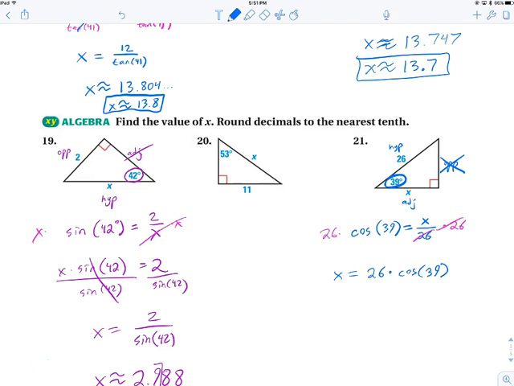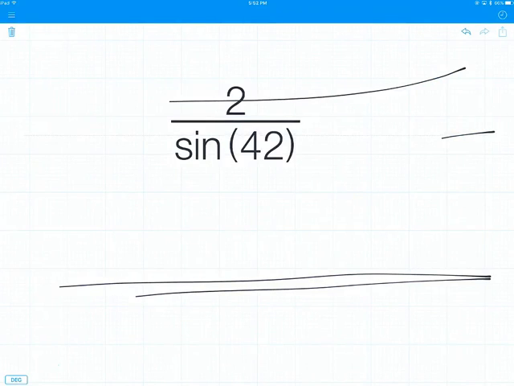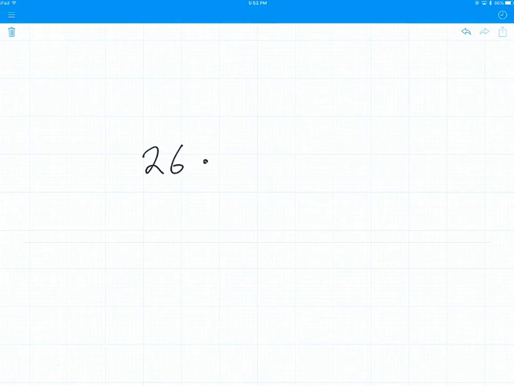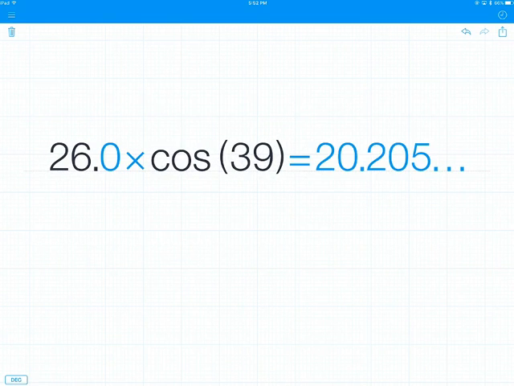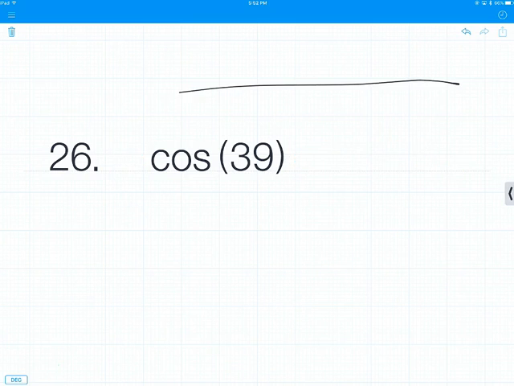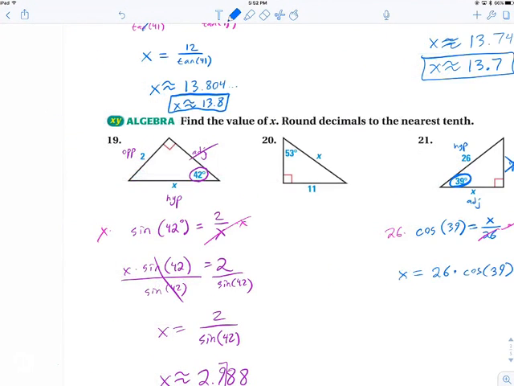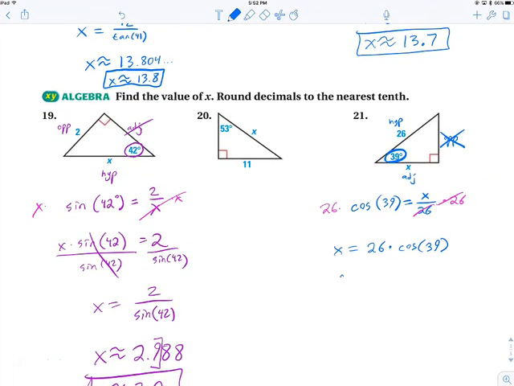So I go over to my calculator, and it goes to 20.205. Okay.